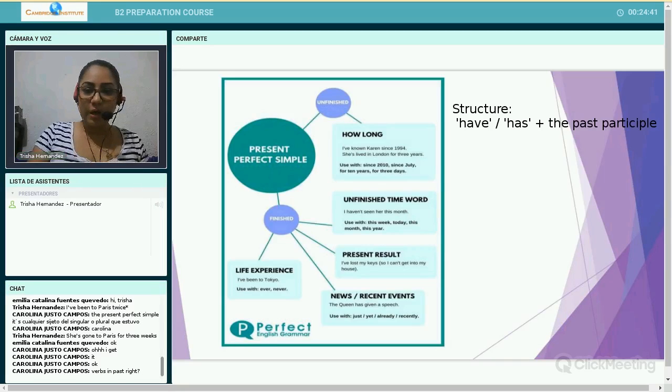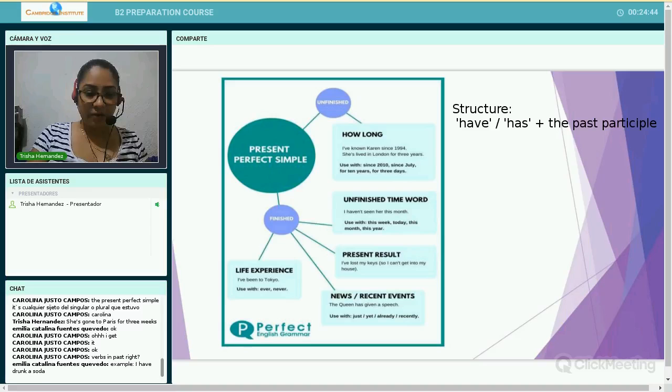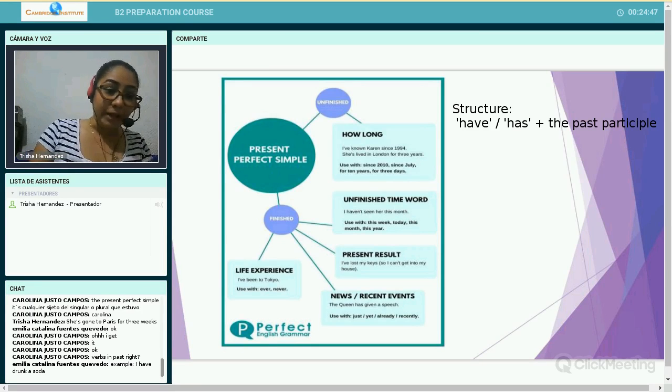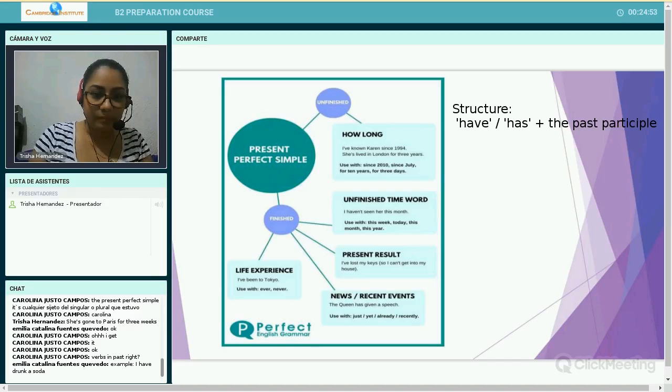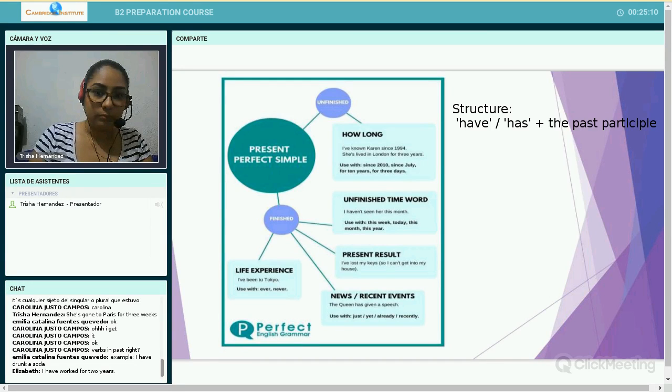Let me share with you a verb sheet that I have here. Here it is.